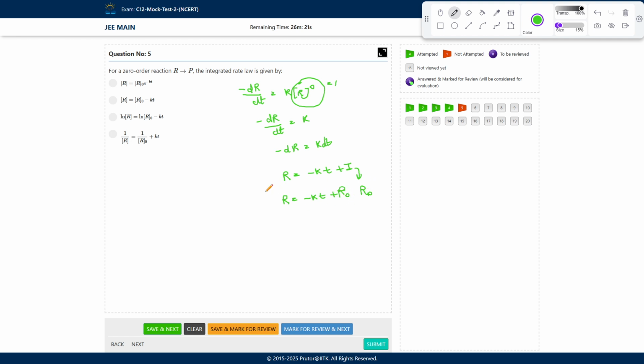Okay, so this equation is going to be our integrated rate law for the zero order reaction. Okay, so it is correctly present in which option? This second option, R equals R naught minus Kt. Okay, and hence our correct answer is going to be option second, R equals R naught minus Kt.